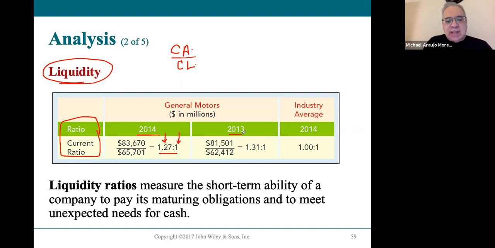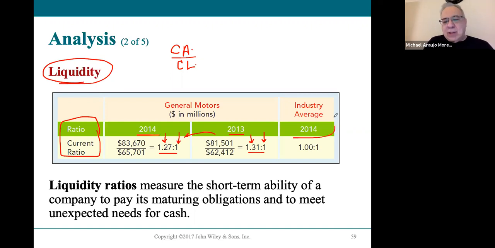In 2013, their current ratio was 1.31 to 1, which meant they had $1.31 of current assets for every dollar of current liabilities. So their liquidity ratio, the current ratio went down a little bit, but still around the same area, roughly speaking, about $1.30.